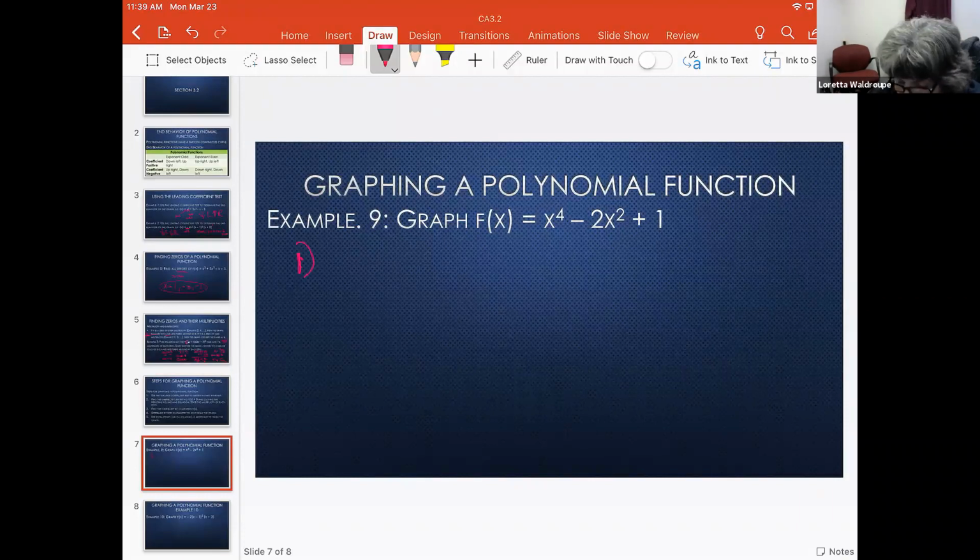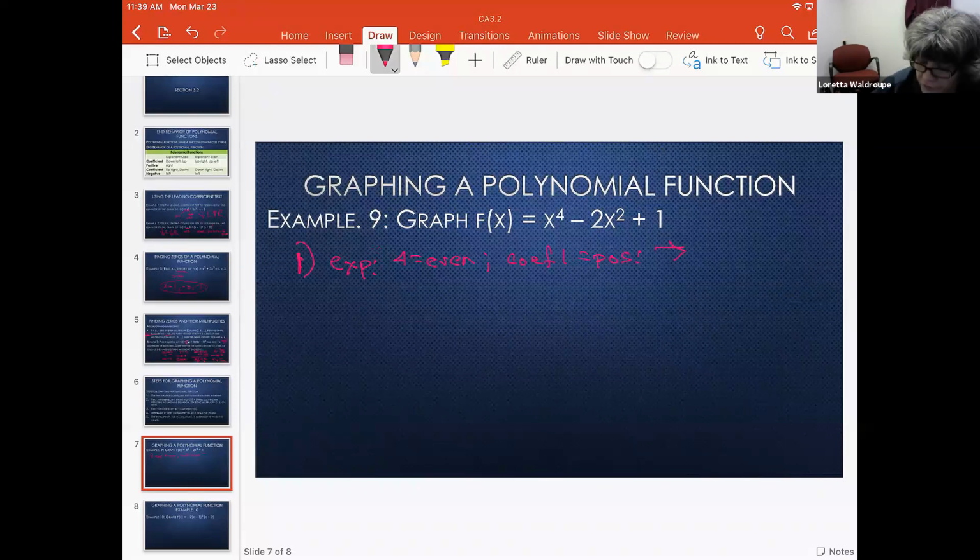End behavior. My exponent is 4, which is even. That's not the coefficient, my bad. Exponent. The coefficient is 1, which is positive.